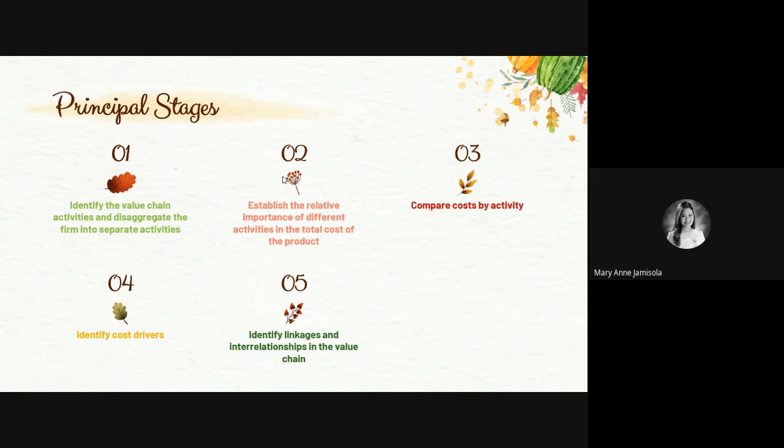The cost of performing one activity will often be influenced by the way in which other activities are performed. In addition, behavior in one part of the company can affect the costs and performance of other business units and functions, and this quite frequently involves trade off decisions.